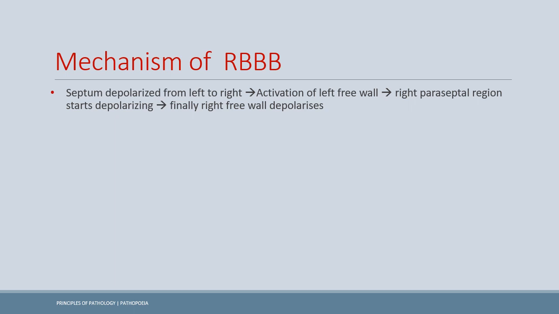Then the delayed right paraseptal region depolarizes, and this would cause a slight positive deviation in V1 and a negative deviation in V6. Then finally the right free wall depolarizes, and that would cause a negative deviation in V6 and a positive deviation in lead V1.